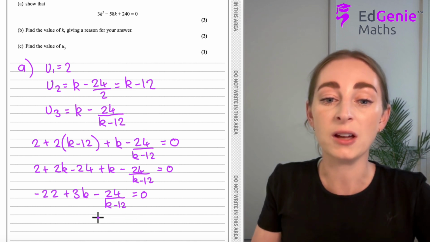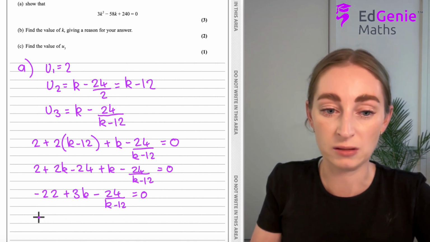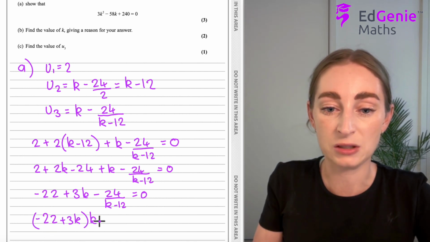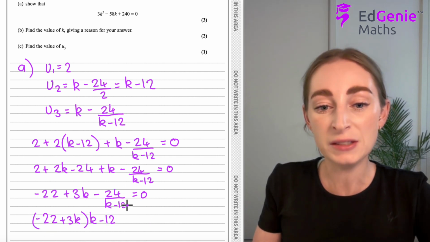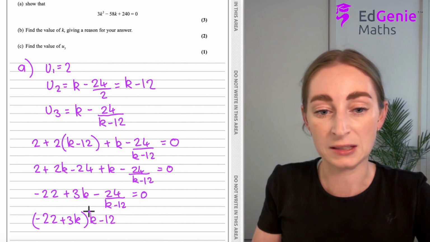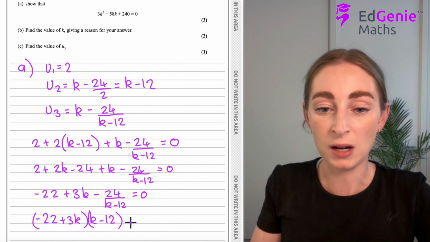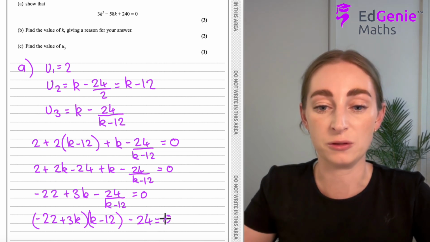Now I'm going to multiply everything by k minus 12. So I'm going to have these two terms times k minus 12. This fraction, I'll just put a bracket around there. If I multiply this fraction by k minus 12, I'm going to be left with minus 24.